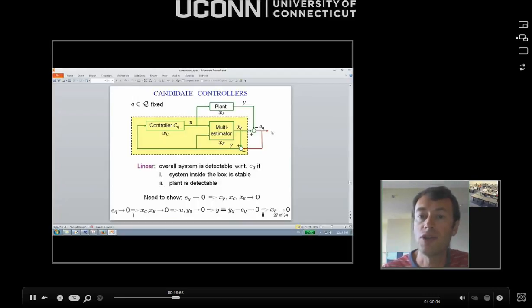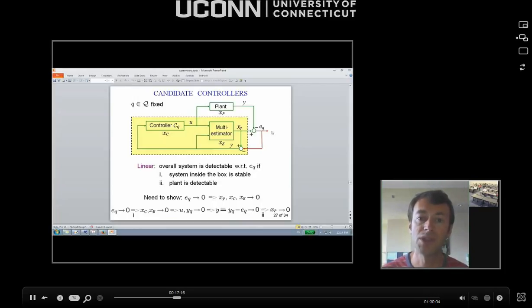Now we've shown that the external signals to the plant are small, and invoking the second property that the plant is detectable, we see that the state of the plant goes to 0 as well. This is kind of a toy case, but this is the way that the analysis usually goes.